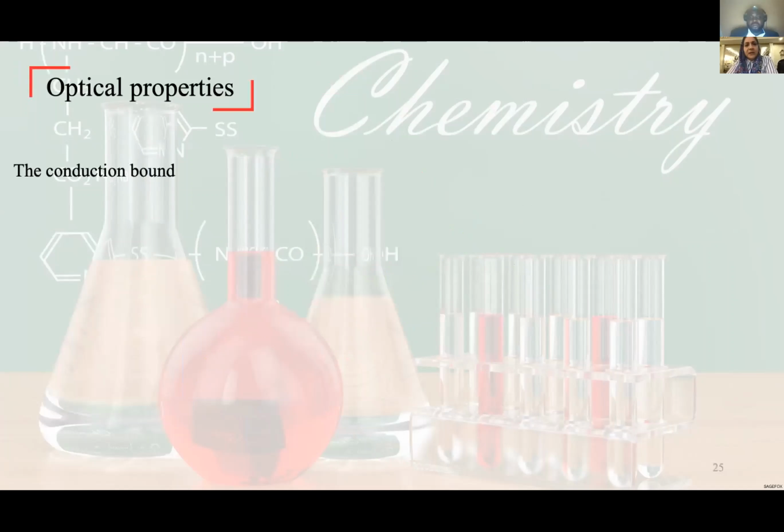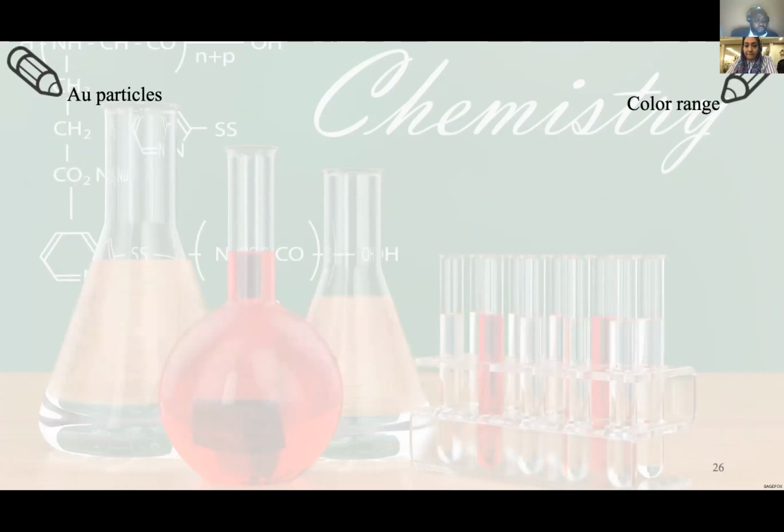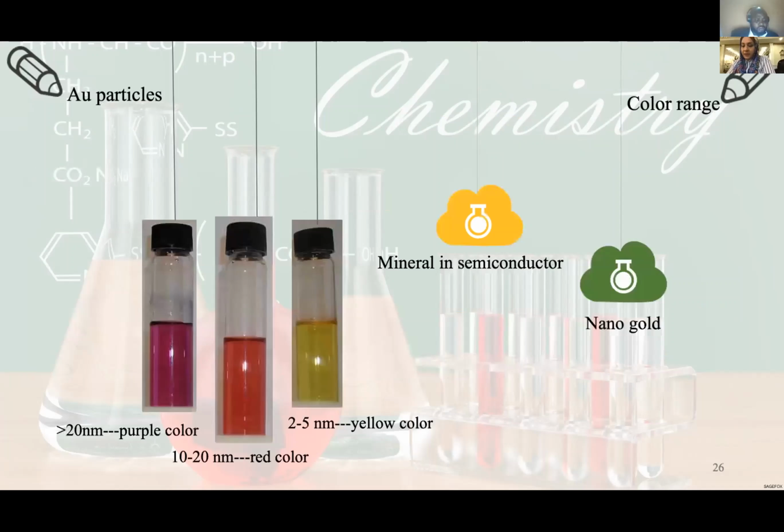And about the optical properties, the conduction band and the HOMO and LUMO transitions between some levels in atomic orbitals. And there are electrons that occur between these 2 states by reflectance. About the difference in nanoparticles in dimension and physical properties such as color, for example, you can see gold nanoparticles in different colors and many different properties.